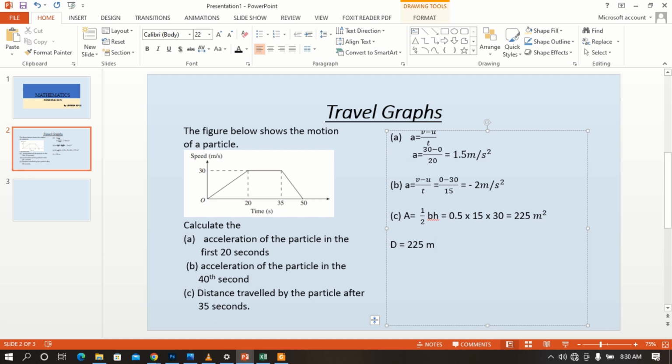Okay, so this is how we're supposed to calculate all the questions that we are required to calculate: finding the acceleration in the first 20 seconds, finding the acceleration in the 40th second, and also calculating the distance traveled by the particle after the 35th second.